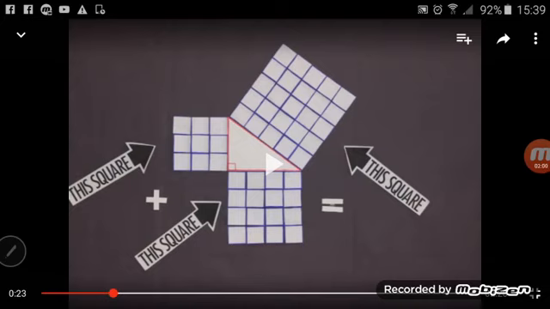Here we're saying that if we add up the area of the squares on each of these arms together, then it will equal the area of the square on the hypotenuse.